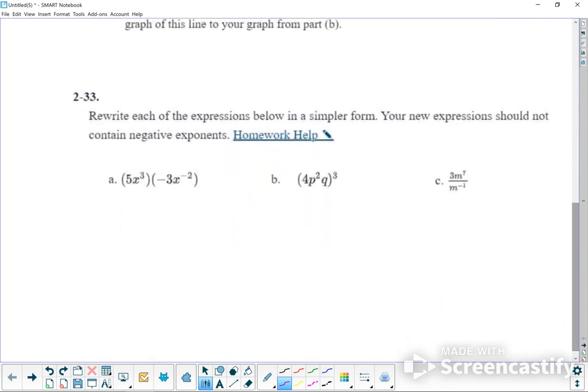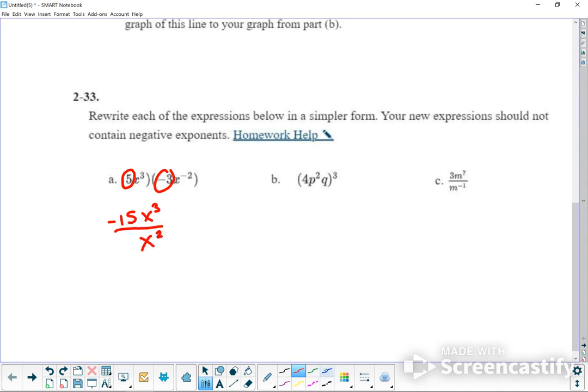Write each of the following expressions in a simpler form. Your new expression should not contain negative exponents. Okay, so this one, let's go. We're just talking about numbers first. We've got 5 and negative 3, so we get negative 15. Then we have x to the third and x to the negative 2, which means it's going to go below and show up as a positive 2.